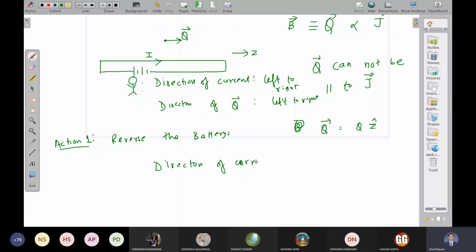If I put minus on this side and plus on this side, what will happen? This current will flow in the reverse direction. What is the direction of current now? Right to left, sir. And since you have reversed the direction of current, the direction of field will also be reversed, right? Yes, sir.